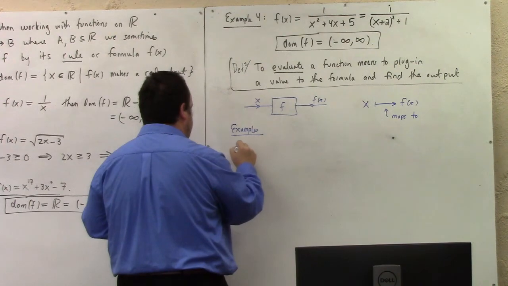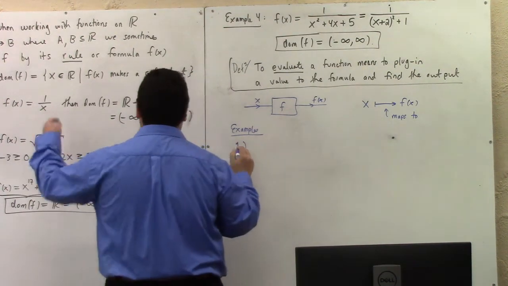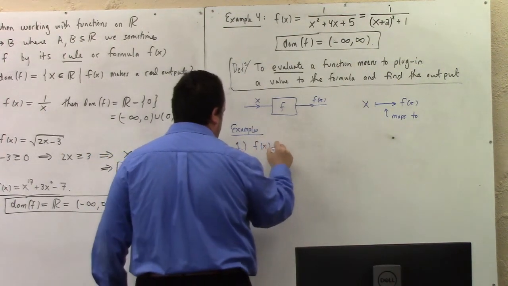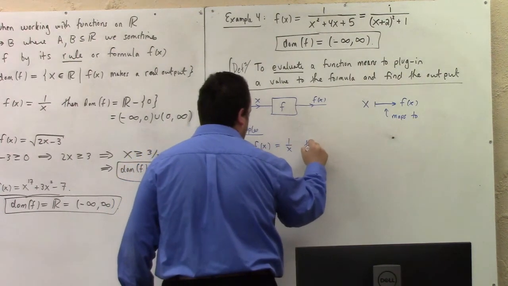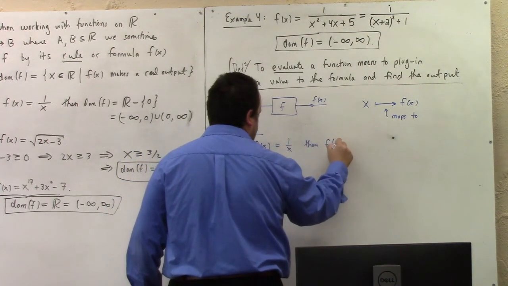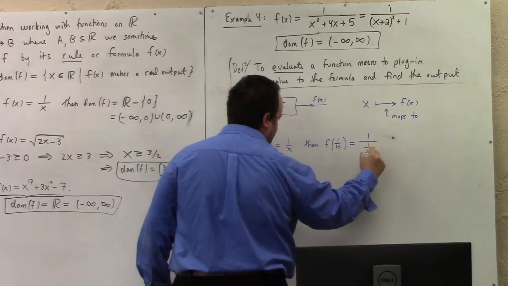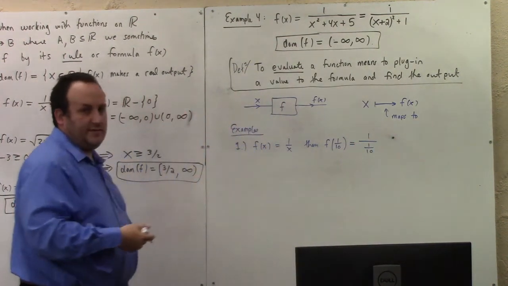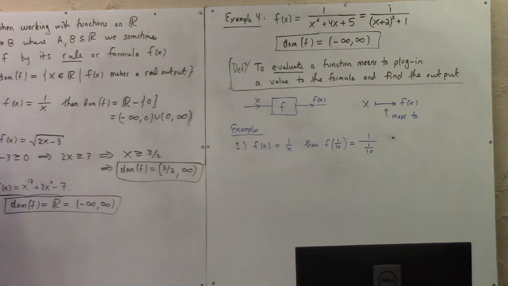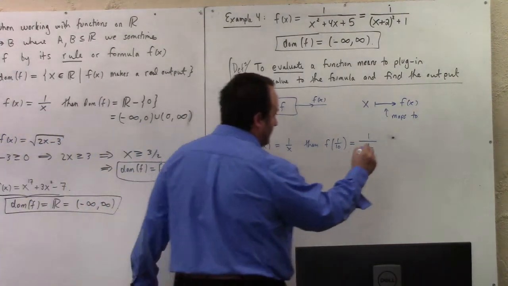If f of x equals 1 over x, then f of 1/10 is what? It's 1 over 1/10. What's that equal to? One over 1/10 is what? 10, right?